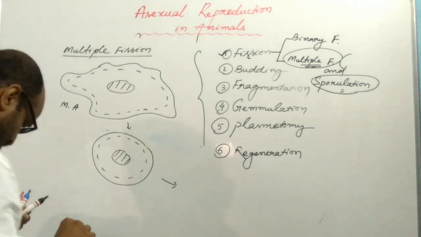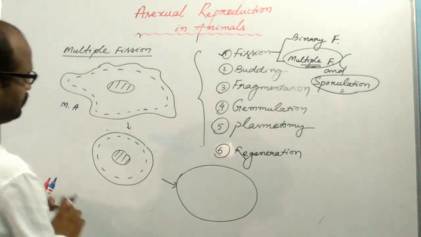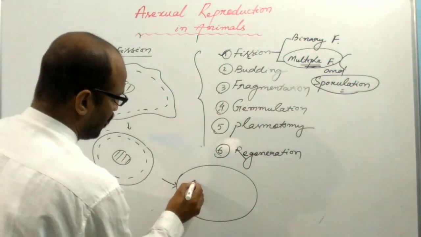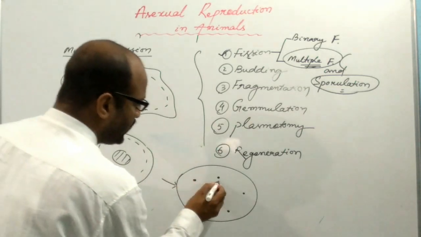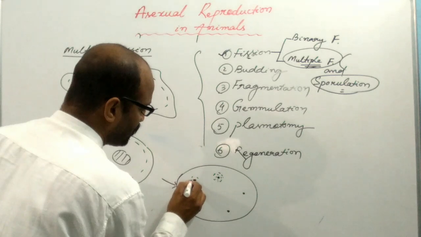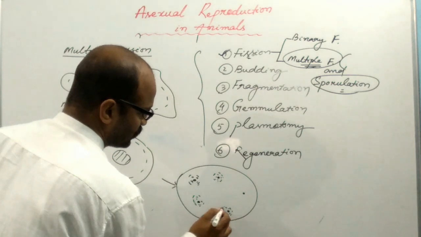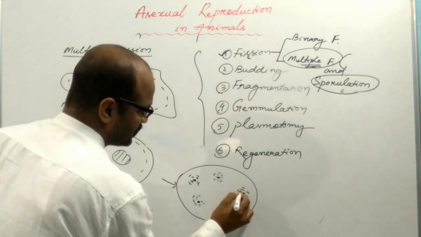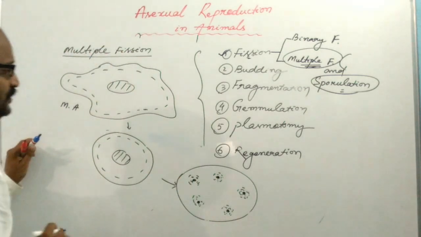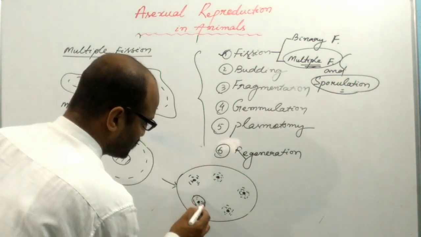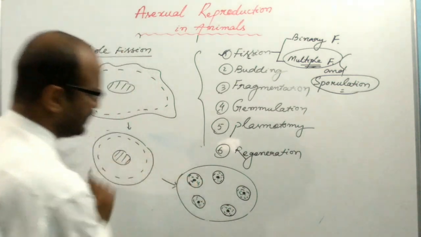So what happens here? Inside the mother amoeba, the nucleus divides into a number of nuclei. Around each nucleus, a bit of cytoplasm surrounds it, and a plasma membrane develops around the bit of cytoplasm.